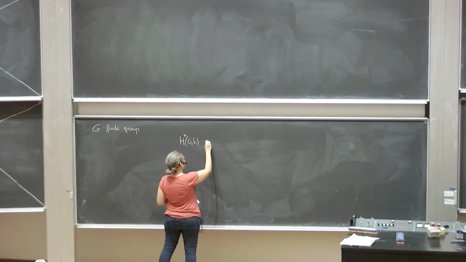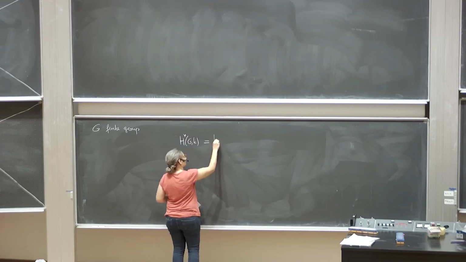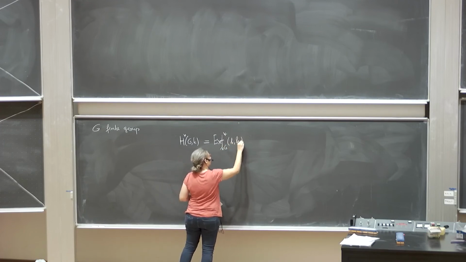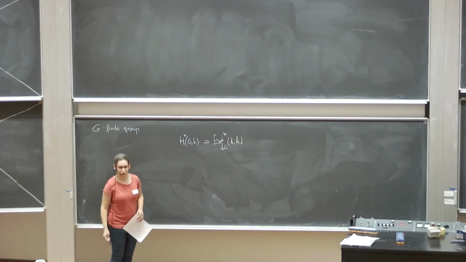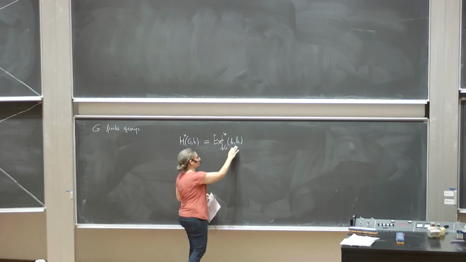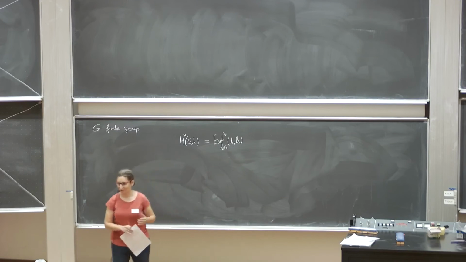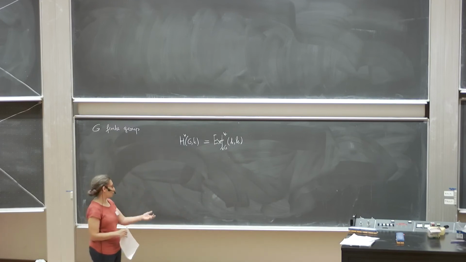You can look at it as being the Ext functors in the category of KG modules from K to K. And these are the derived functors of the Hom functor. Right? So you can look at the derived functors of the Hom functor in this category.